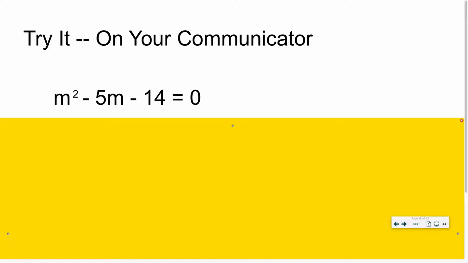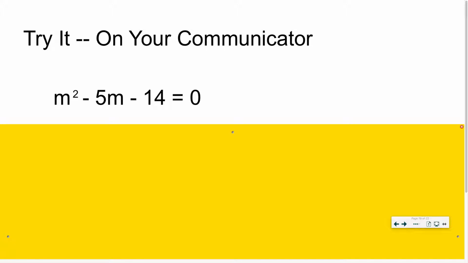Okay, how am I going to factor this trinomial? What am I looking for when I factor this?